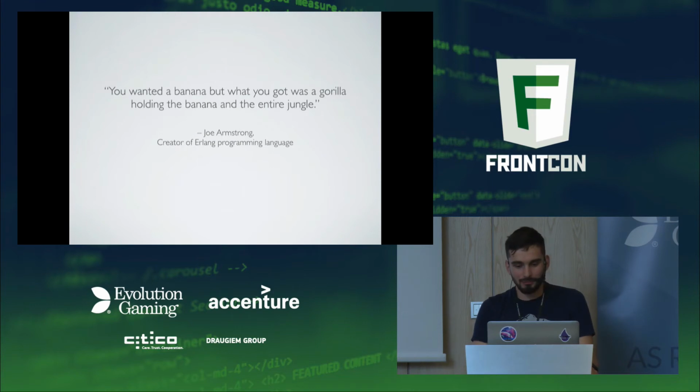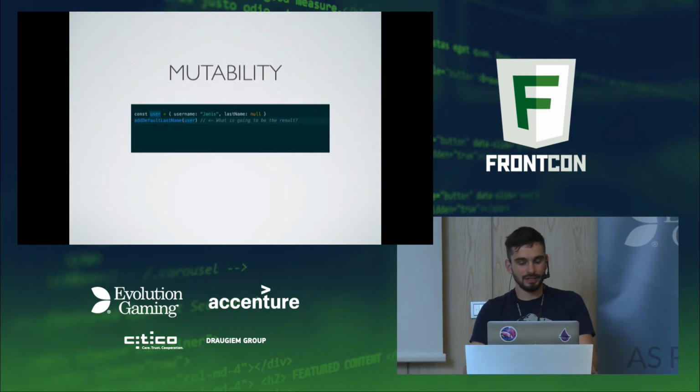You wanted the banana, but what you got was a gorilla holding the banana and the entire jungle. That's a quote from Joe Armstrong, the creator of the Erlang programming language. And of course, he talks about mutability and object-oriented languages. The main issue with this code is that we don't actually understand what will happen with this user object. We know that it will probably add a default last name to this user, but will it create a new copy of this data?